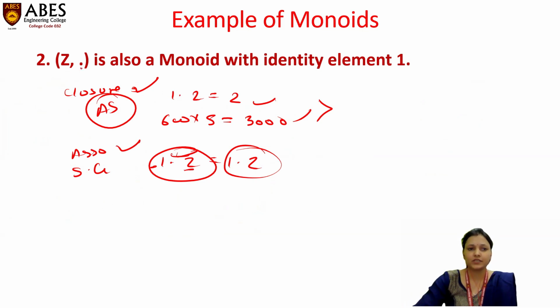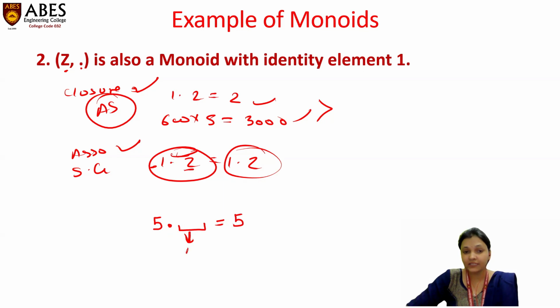So here the operation is multiplication and the set is integers. Consider any integer, for example 5. Applying the given operation, multiplication, with 5, we should get 5. This is the way to find the identity element.